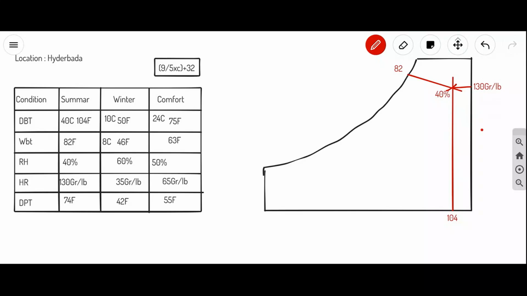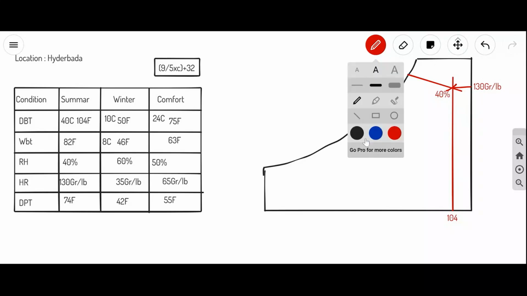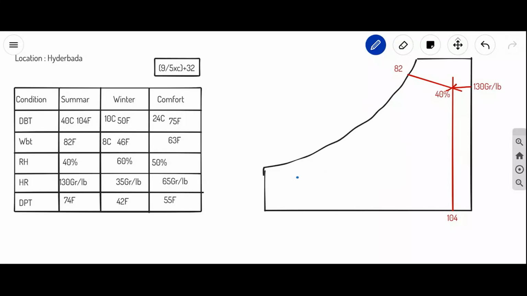So this is summer. Coming to winter, the point 50 degrees Fahrenheit may lie around here. And 46 degrees Fahrenheit may come like this.